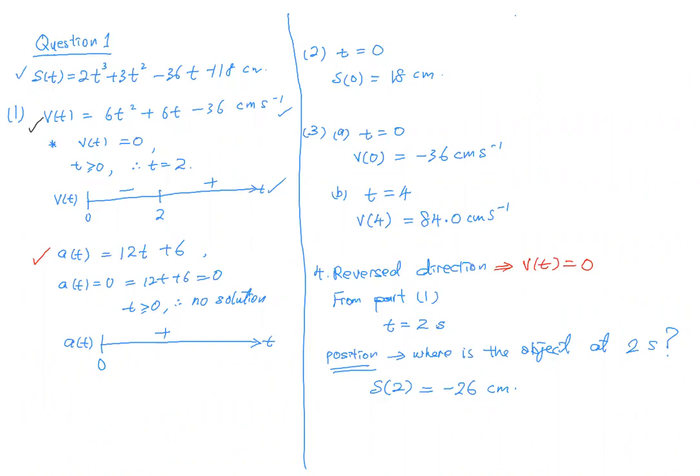So number 5. Find the time when the object speed is increasing. Okay, listen here carefully. When you want to determine the changes of the speed, you must have both the Vt and At sign diagram.